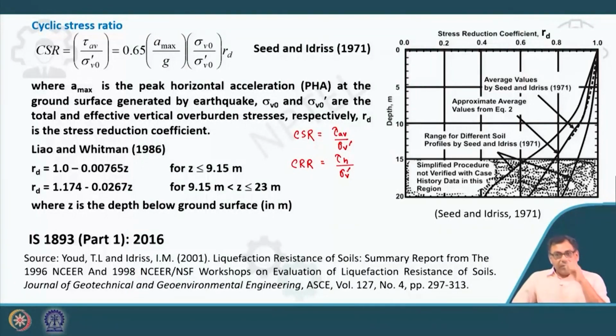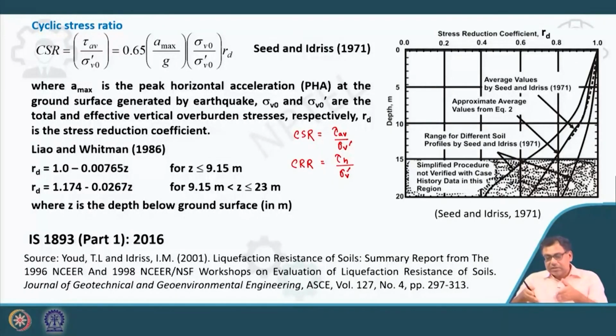Clear? But in my previous simplified method or the lab test, I represented CSR by tau H divided by sigma V dash. Initially both things were represented by CSR, cyclic stress ratio. One is developed, another is required, or resistance.